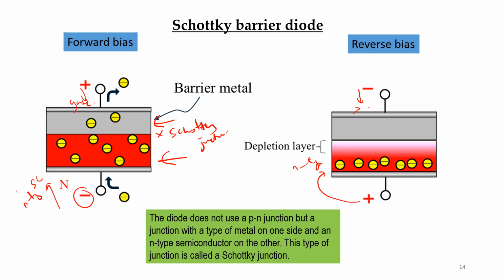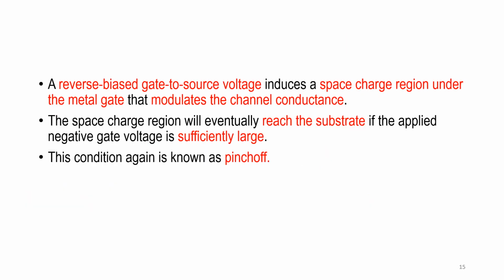In the case of reverse bias, a depletion layer will be formed. Because of the positive terminal, the electrons will be attracted to the positive electrode, and the depletion region will be formed at the Schottky junction side. So when a reverse bias gate-to-source voltage, a negative VGS, is applied to the MESFET, a space charge region is formed and modulates the channel conductance.